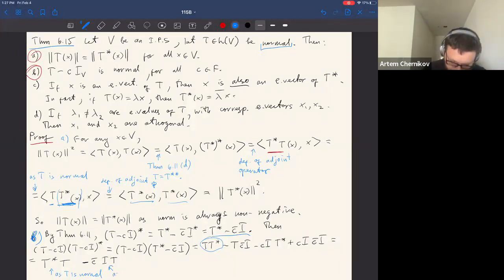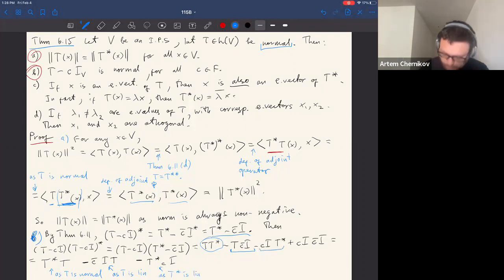When we have this composition, we are first applying C bar I and then applying T. But because T is linear, multiplying the argument by a scalar corresponds to the scalar times T of the argument, so we get this by linearity of T. Similarly for the next summand, we have minus T star CI, and here we are using that T star is linear.